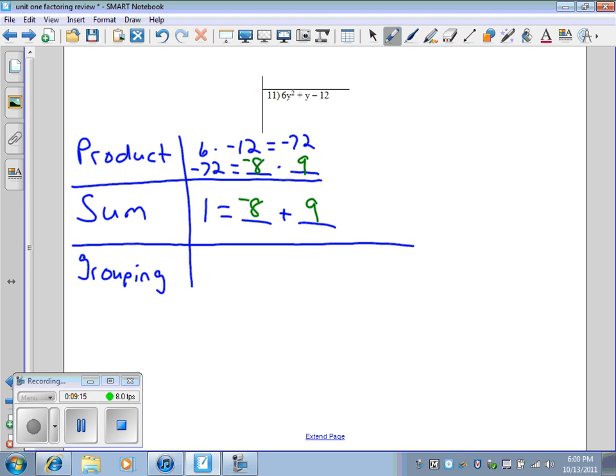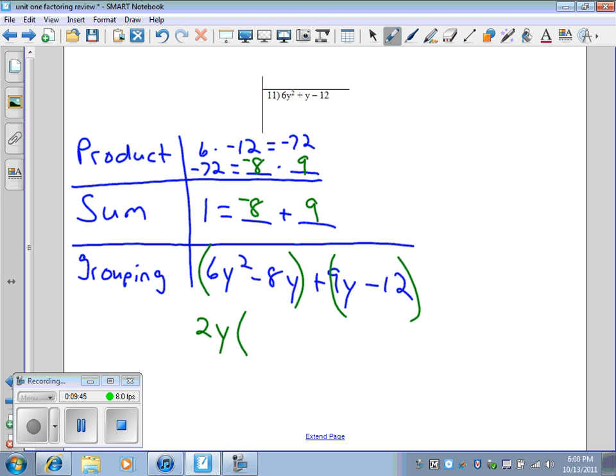So I'm going to rewrite 6y squared plus y minus 12 as 6y squared minus 8y plus 9y minus 12. Then I'm going to group them. In the first binomial, I want to factor out 2y, and that will give me 3y minus 4.